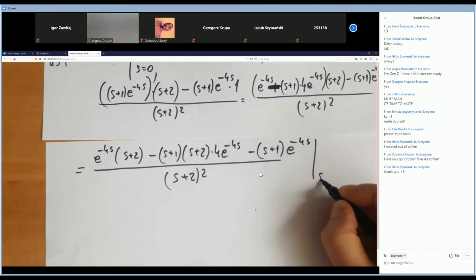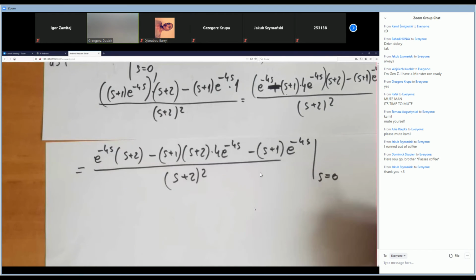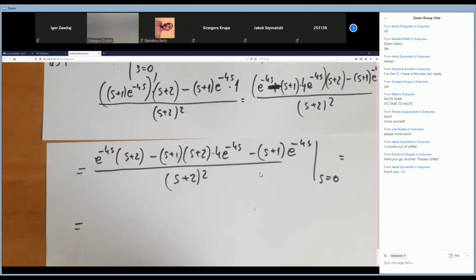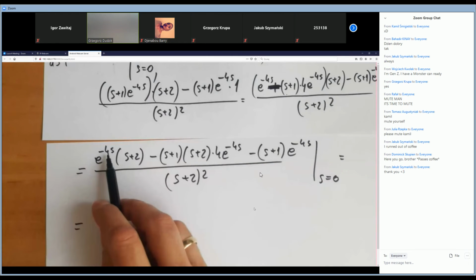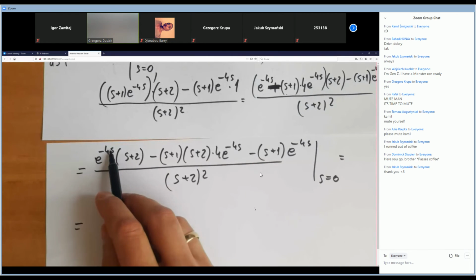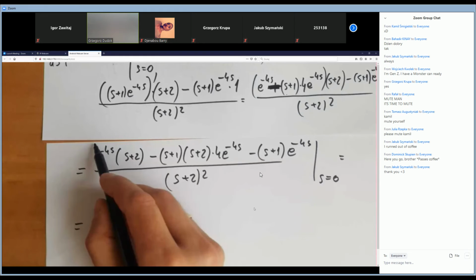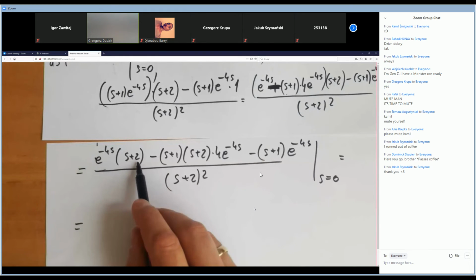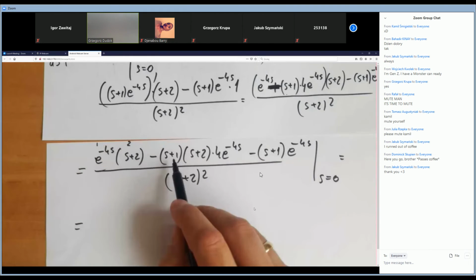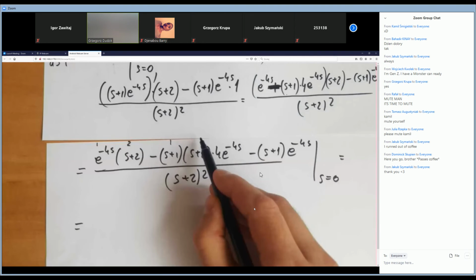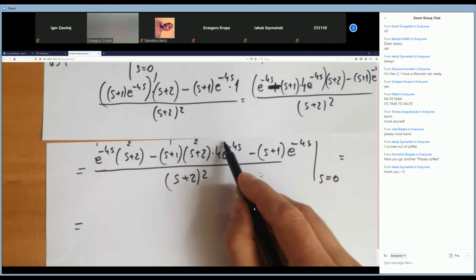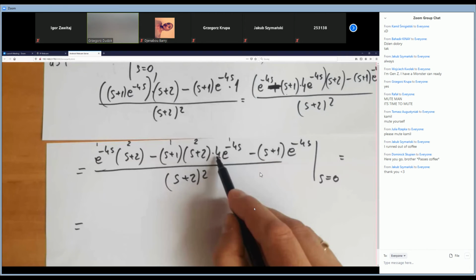And everything we have to calculate for s equals 0, as we remember. So let's find the result here. From this it is 1. S plus 2, it is 2. This e to minus 4 times 0 is 1, so it is 4.